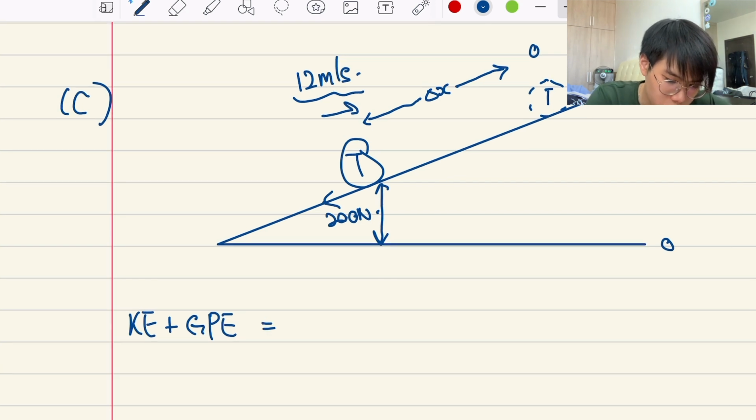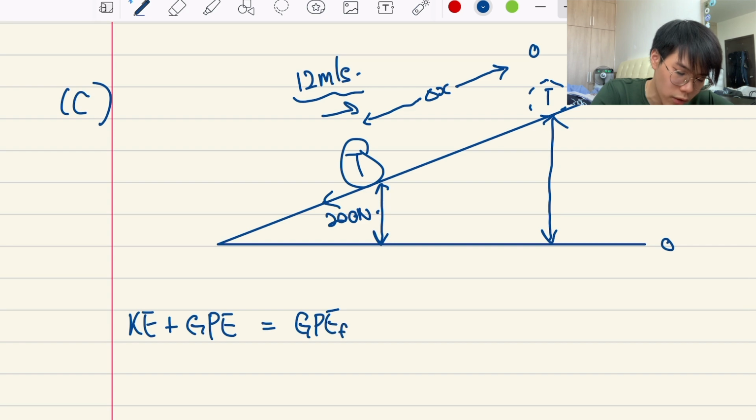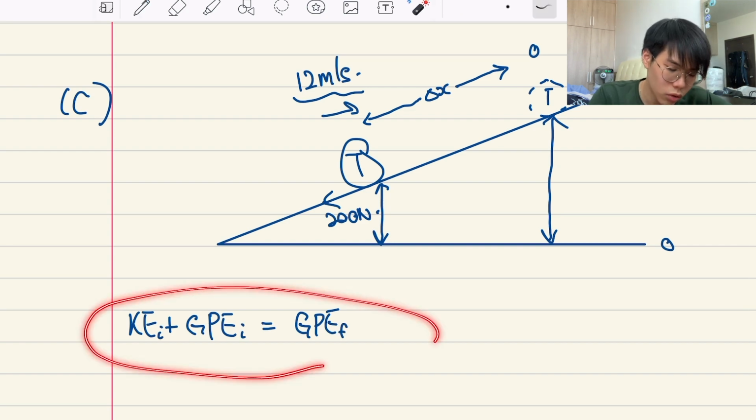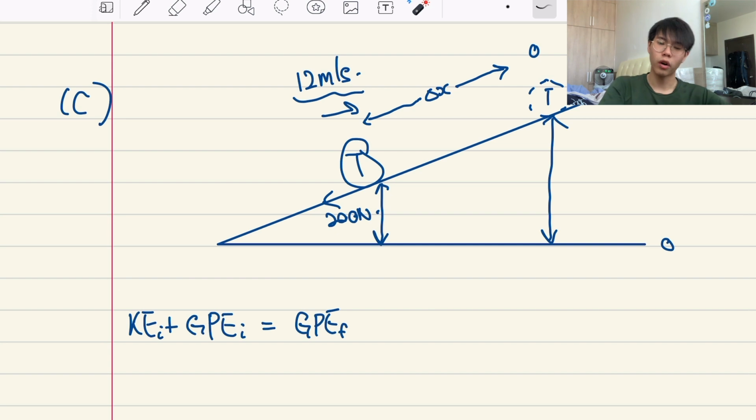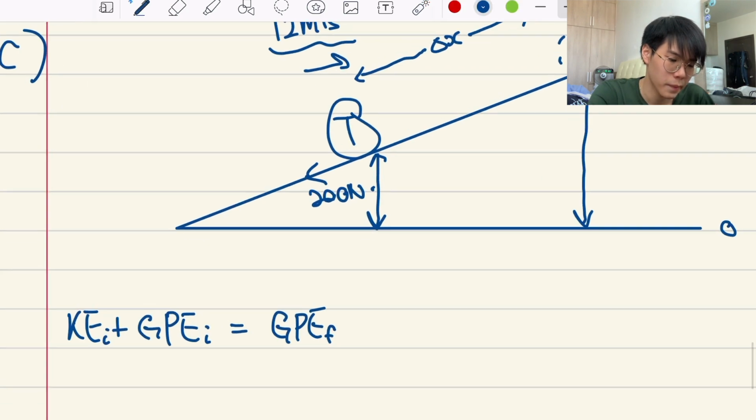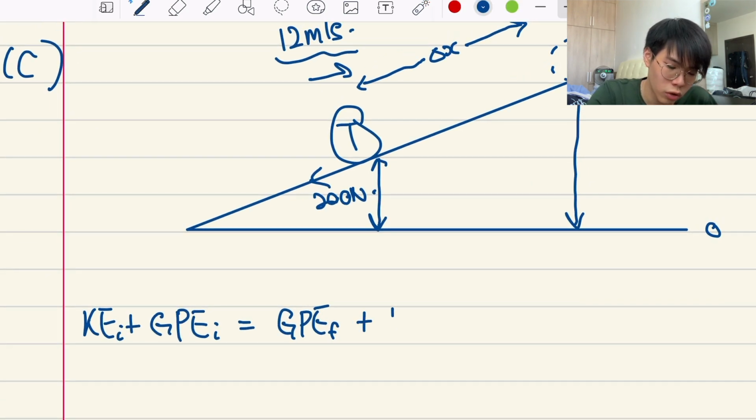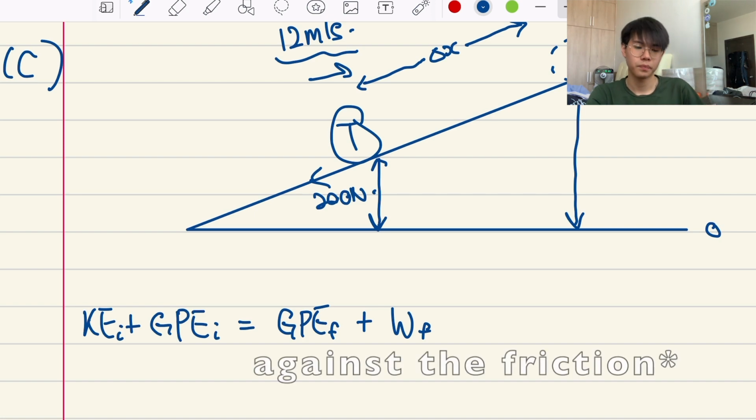After that, it doesn't have kinetic energy because the velocity is 0, but it has a higher value of gravitational potential energy, which is the final GPE. If you do the calculation here, you find there is extra energy left. Since the kinetic energy is 0, where will the extra energy be transferred to? It will be transferred to the friction, which is work done by the friction.